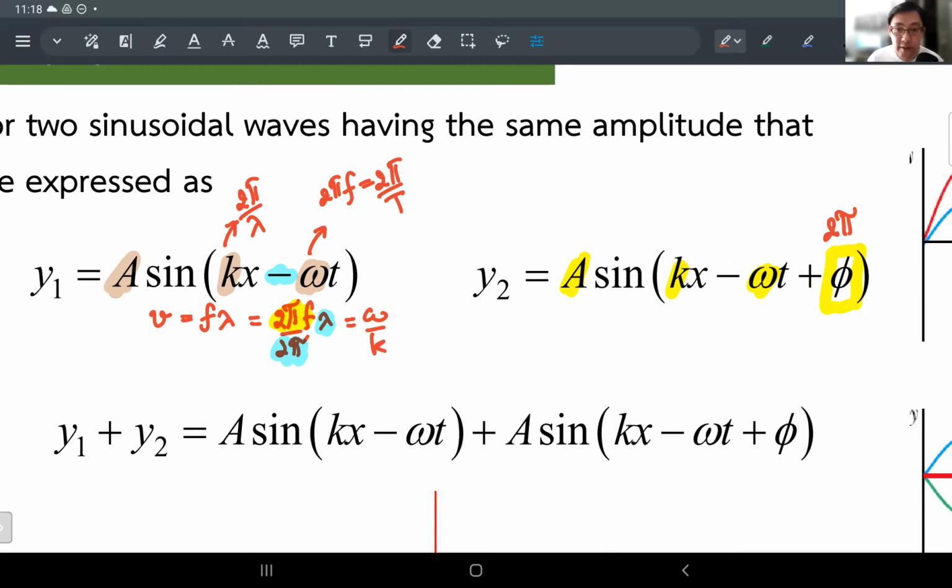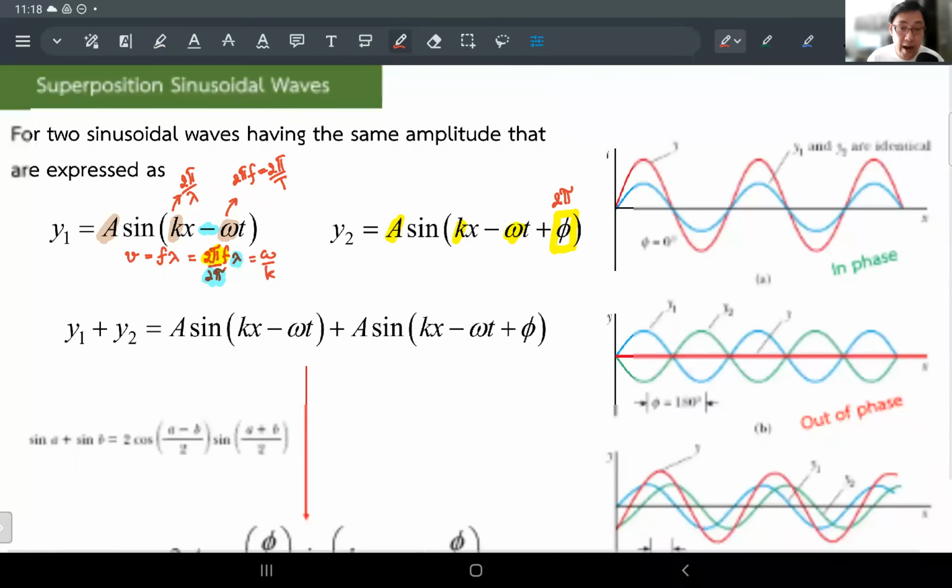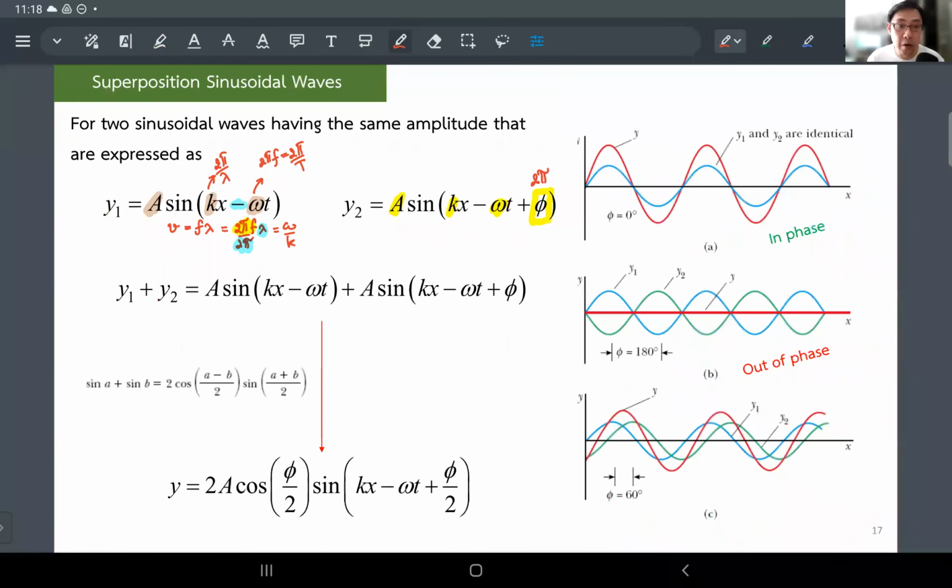Okay, sounds good? All right, so now what happens if you have these two waves and you try to combine them? Well, no big deal. All you need to do is just sum them up. That's how easy it is. I am serious, guys. It's simple like that. But we just want to make things look a little bit nice and neat.